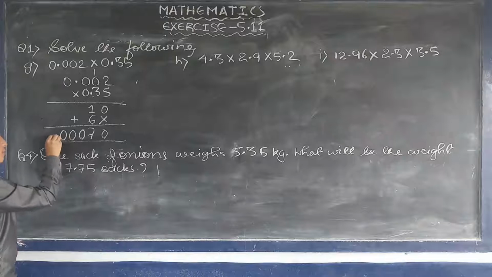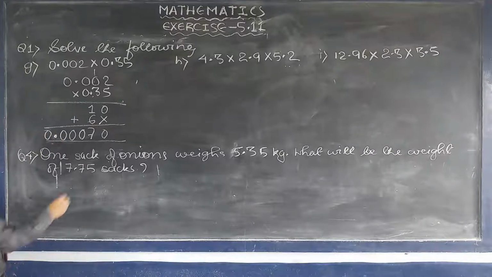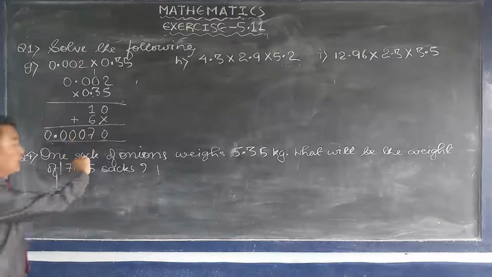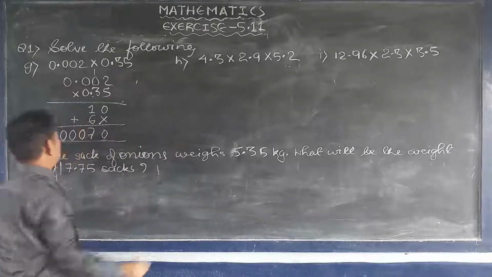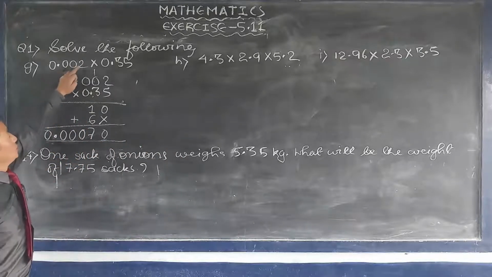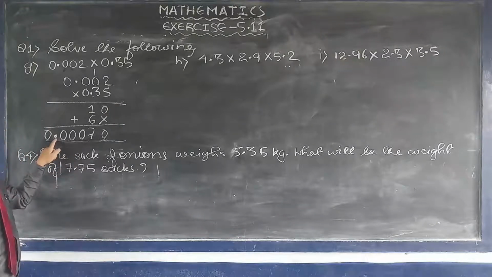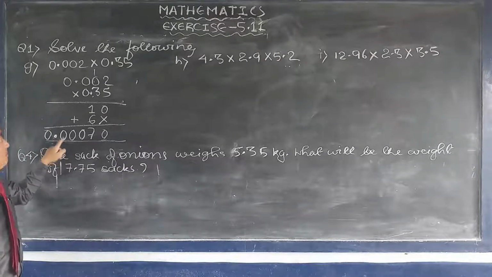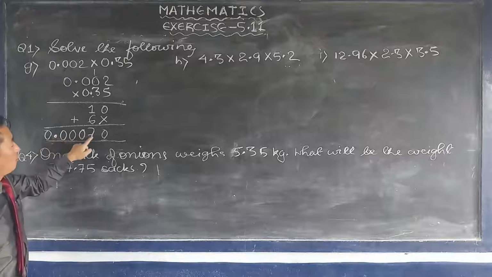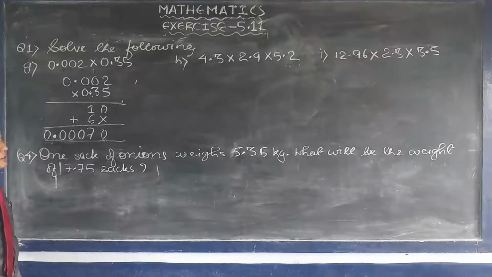Here decimal point. Then we can write here 0. This 0 is valueless. We can put any number of 0. 1 after decimal point, 5 places. This is the answer here.